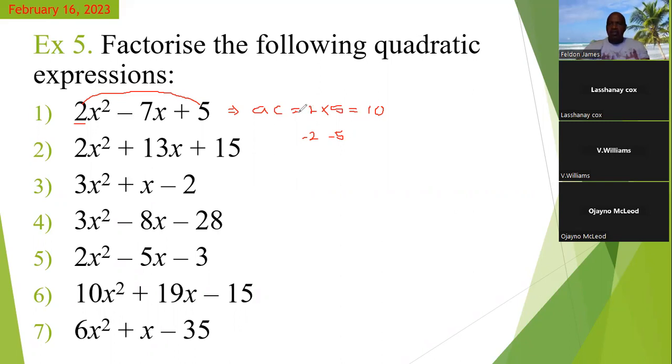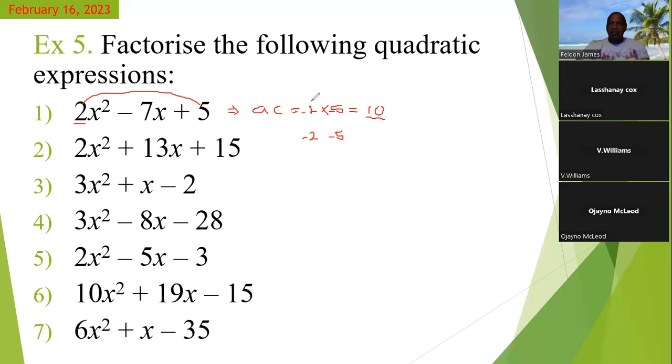Would you notice here that if we use -2 times -5 and multiply them, we will get what? +10. You agree with that? Ms. Cox? Yes, sir. Are you following? Yes, sir. So we are saying that if you use +2 times +5, you get +10.